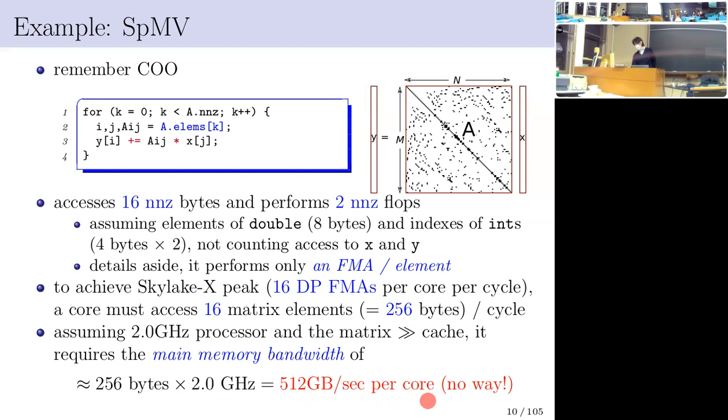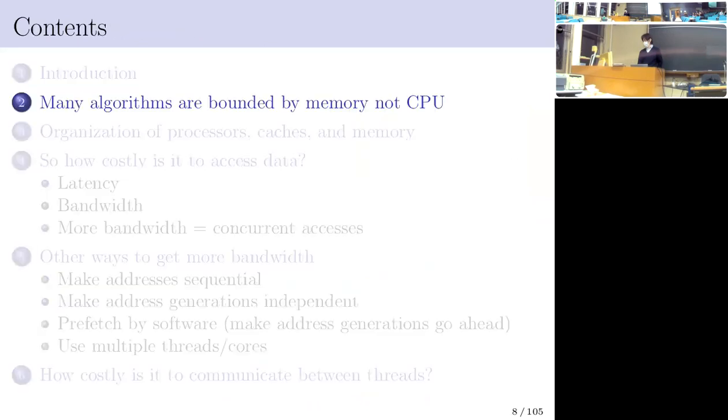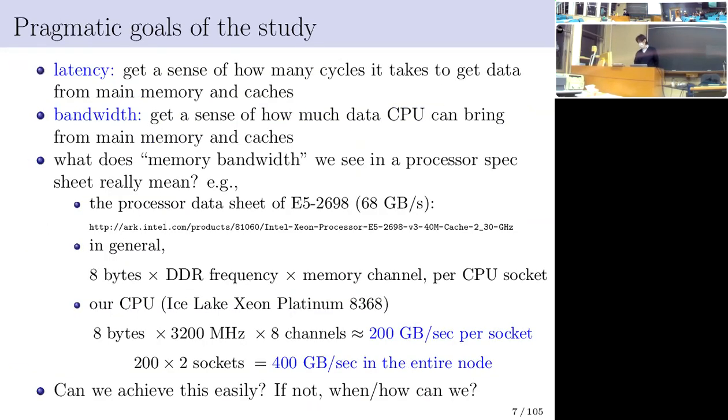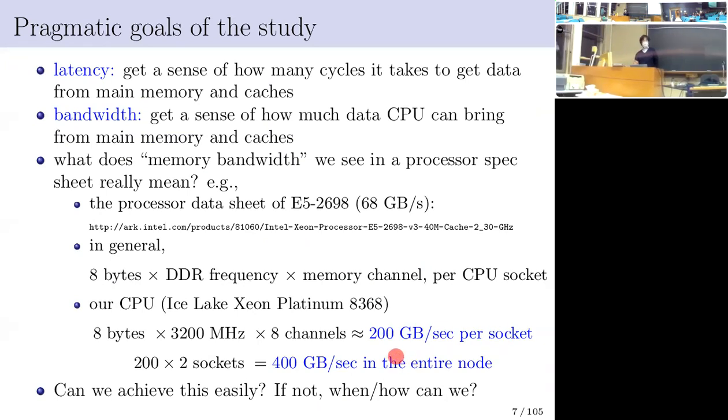And remember, this is the performance required for a single core, not the entire CPU. Compare this to the performance we have just talked about, something like 200 gigabytes per second per entire chip, not a single core.